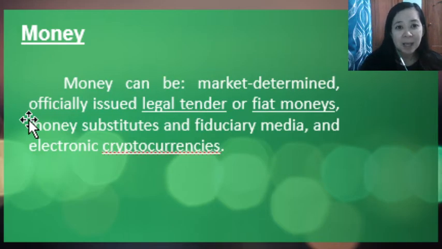Money can be market determined, officially issued as a legal tender or fiat monies. It can also be money substitutes and fiduciary media, and it could also be in the form of electronic cryptocurrencies. We will be discussing these terms in the next video lecture, because in that video we will discuss the different types of money.